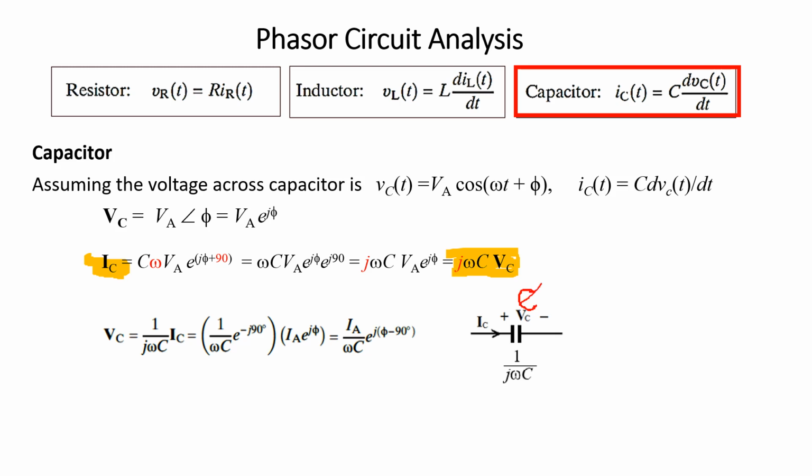So we will replace this C representation with 1 over j omega C, which can also be written as minus j divided by omega C. This is the only difference in phasor representation. But with this representation, as you will see in the following slides, we have the great advantage of quick analysis. We can analyze circuits quickly in phasor representations.